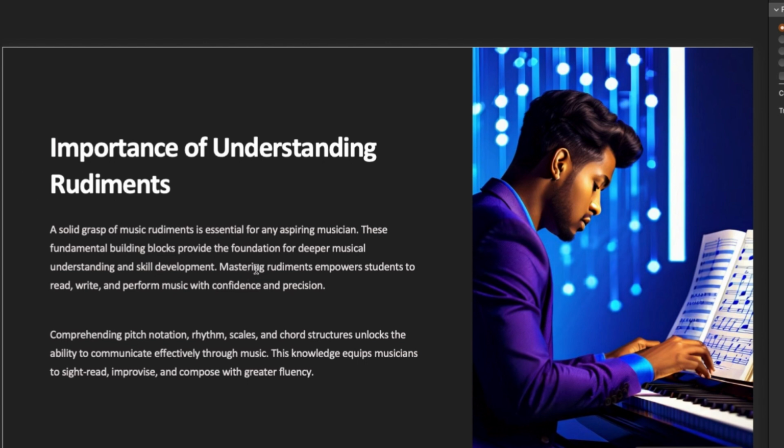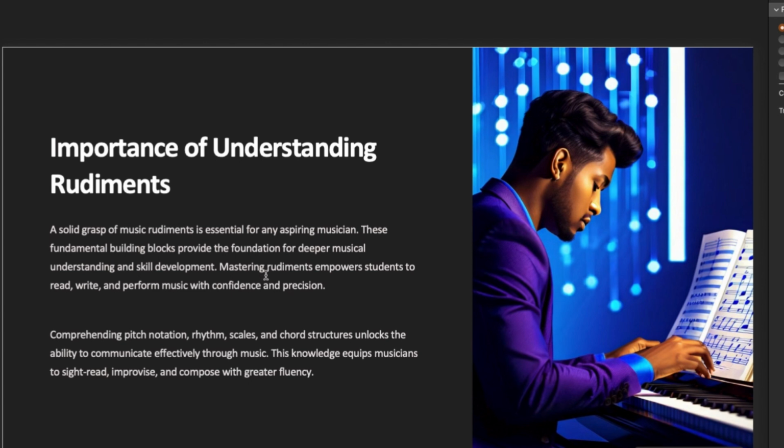Why do you need to understand this rudiment in music? A solid grasp of the music rudiment is essential for any aspiring musician. This fundamental building block provides the foundation for deeper musical understanding and skills development. Mastering rudiments empowers students to read, write, and perform music with confidence and precision.